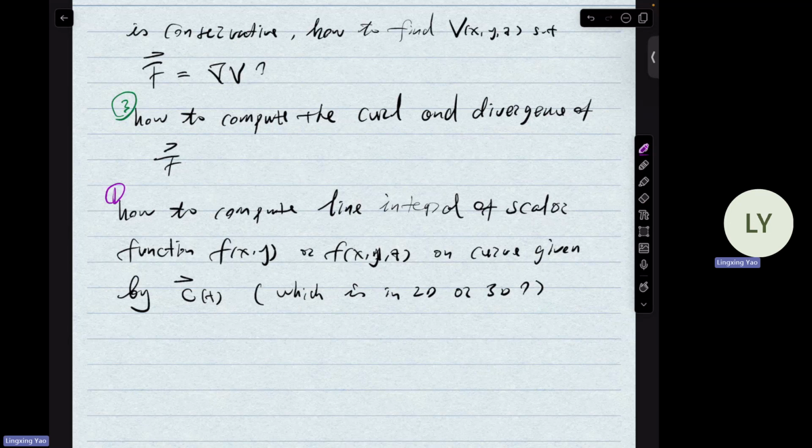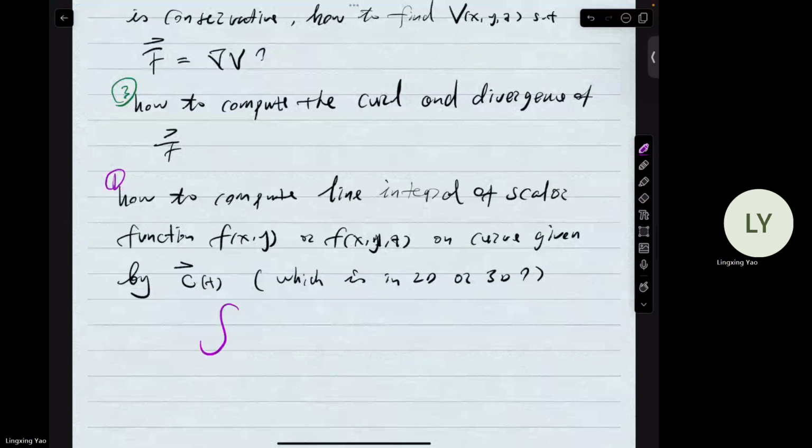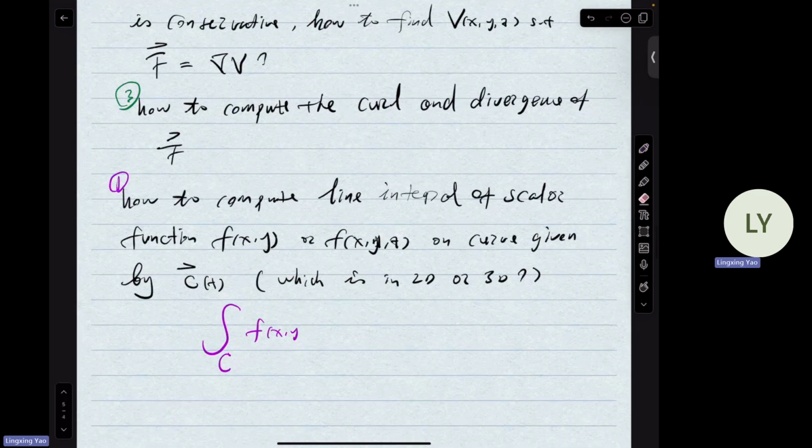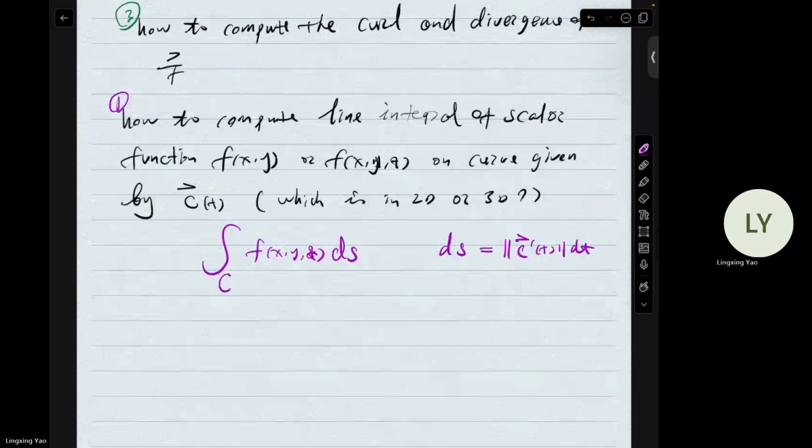And here, remember the integral of f of x, y, z ds. What does this ds mean? ds means the length of the velocity vector or tangent vector times dt, right?